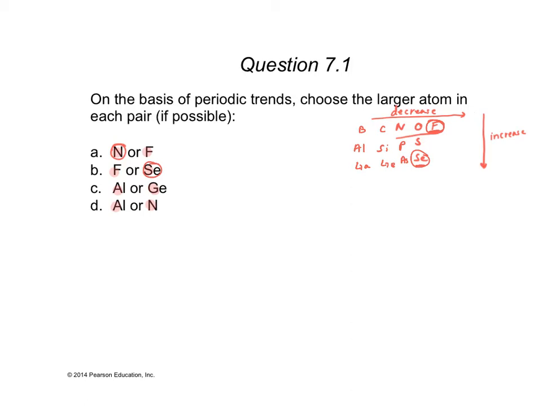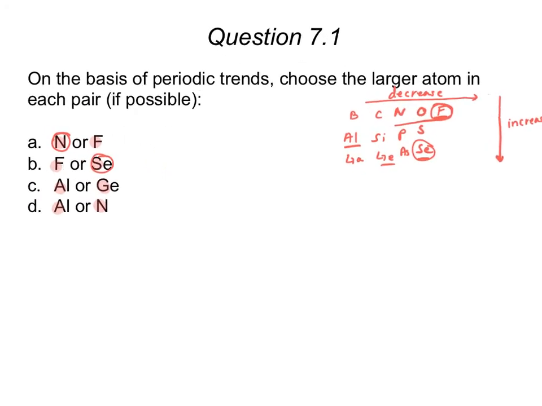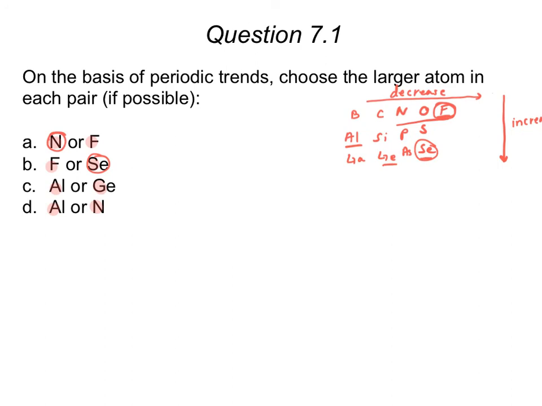The question for C is aluminum versus germanium. Aluminum is to the left of germanium, meaning that in theory it would be bigger than silicon, but then as we step down, we see an increase as well. So this is one of those where we step one to the right and one down. It would be hard to tell on the basis of trends for this one.